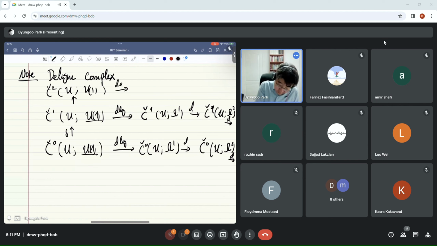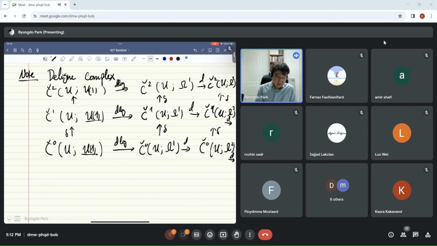D log, Čech degree 2, then open cover, then D, Čech degree 2, then 2 form. Then here you have the Čech differential vertically. So this double complex is called the complex.